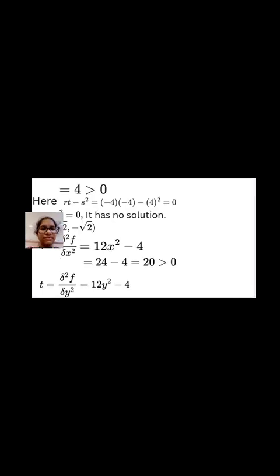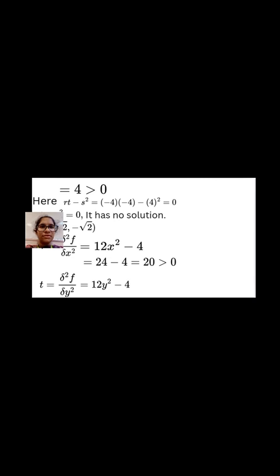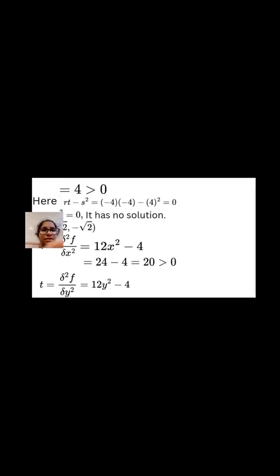Next, s = ∂/∂x of ∂f/∂y. ∂/∂x of 4y^3 - 4y + 4x, then we get 4, that is greater than 0.